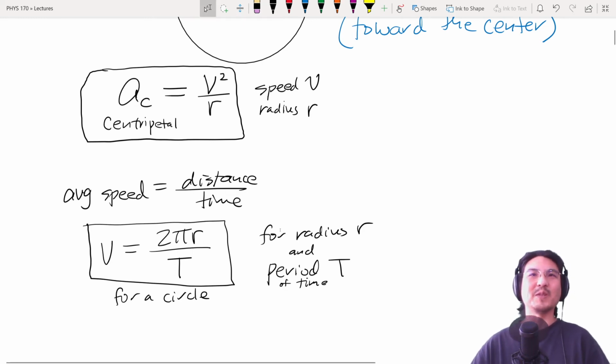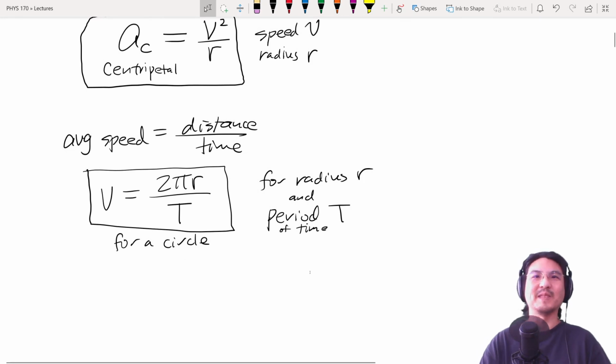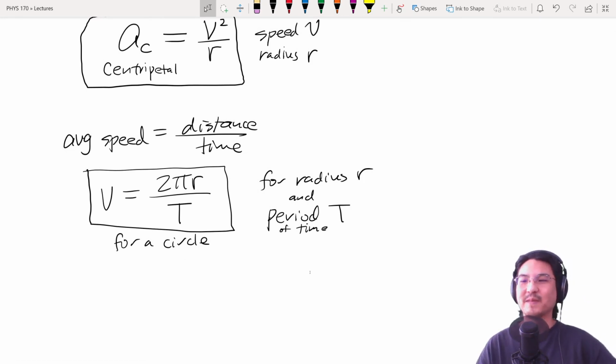So let's just jump straight into an example. Let's say you're tracking a vortex in the ocean, like in the Great Pacific Garbage Patch. There's microplastics going around in a big vortex, and you deploy a sensor to measure this, and the sensor includes an accelerometer.